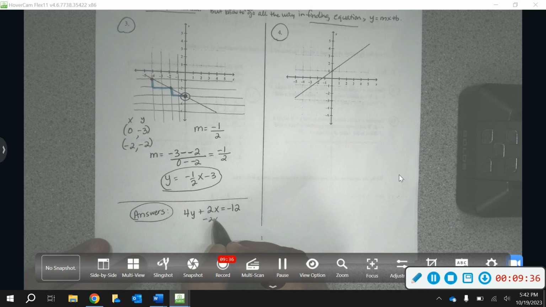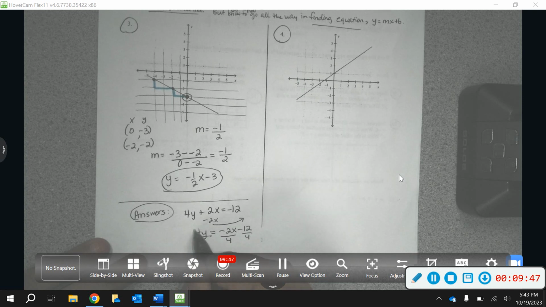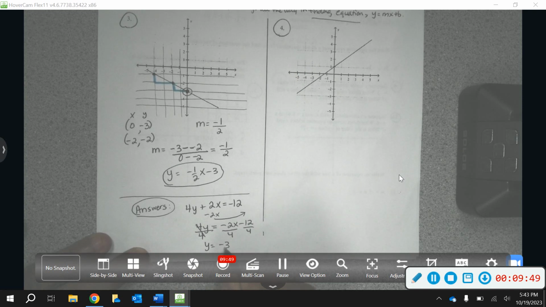So again, how do I do that? You're going to subtract 2x from both sides. You have 4y equal to -2x minus 12, and then divide by 4, the number right in front of my y. Y is equal to -1/2 x minus 3.